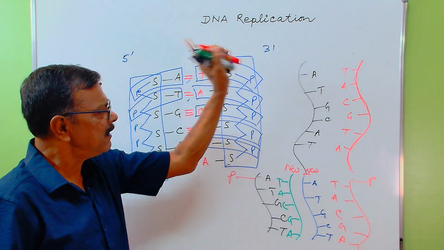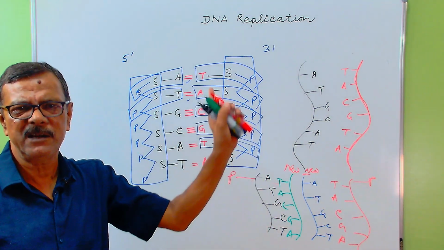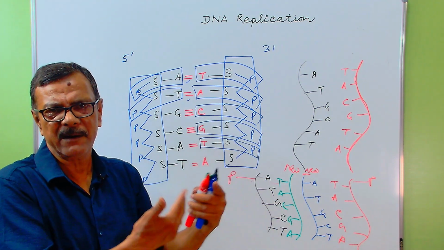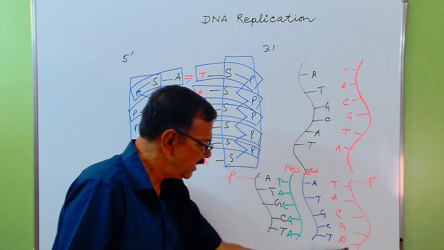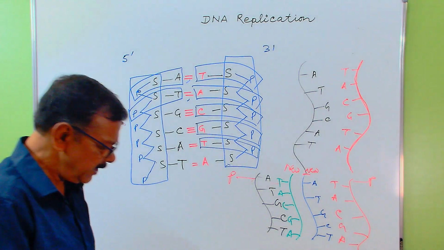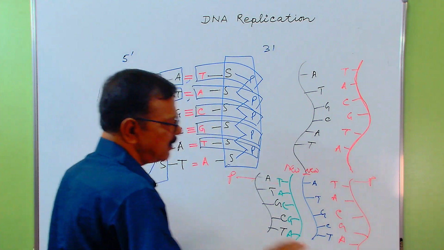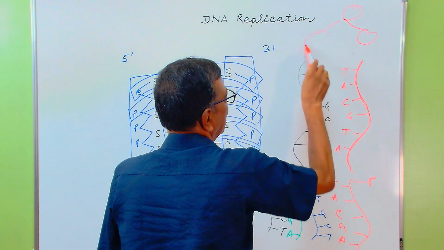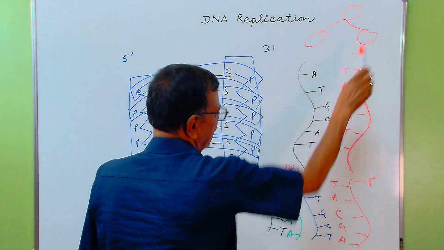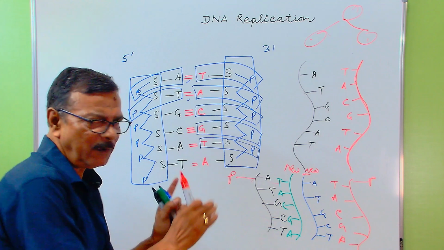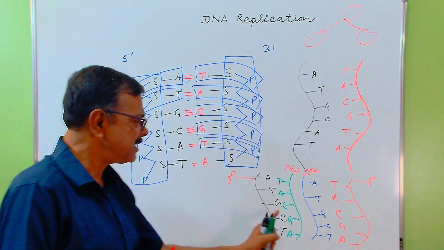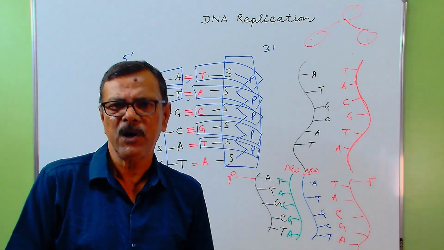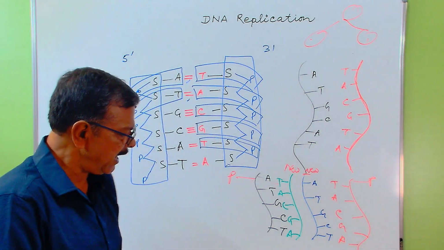So DNA replication is the process by which the cell replicates its DNA, making identical copies into two daughter DNA molecules. These two daughter molecules ultimately pass on, in case of mitosis, one here, one here. So it replicates, and it is done so precisely that there should not be any mistake.